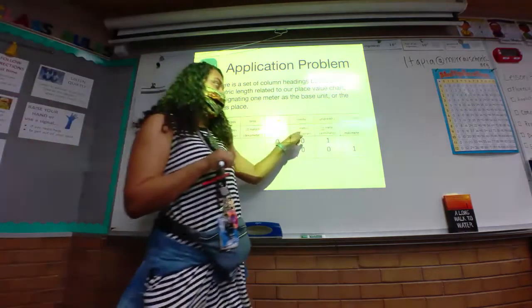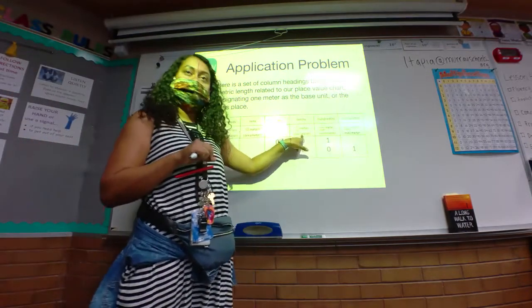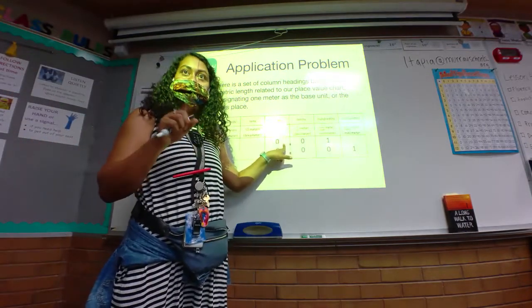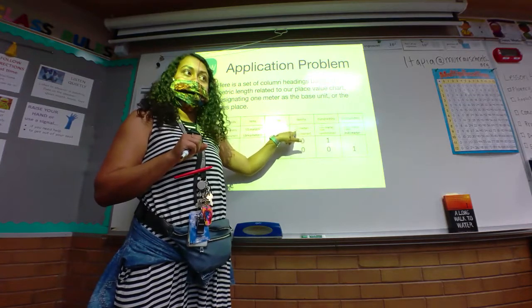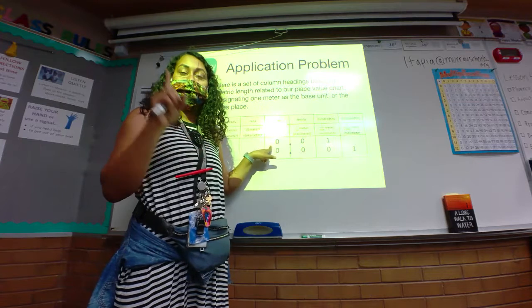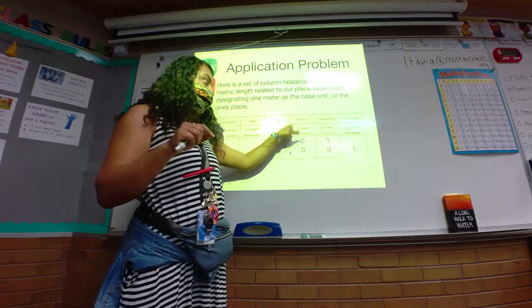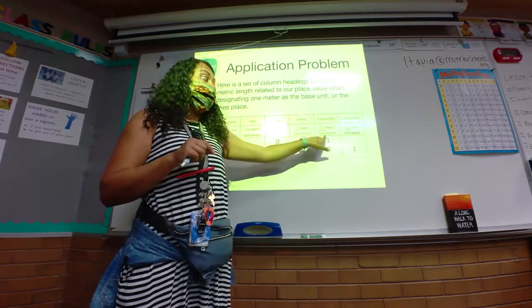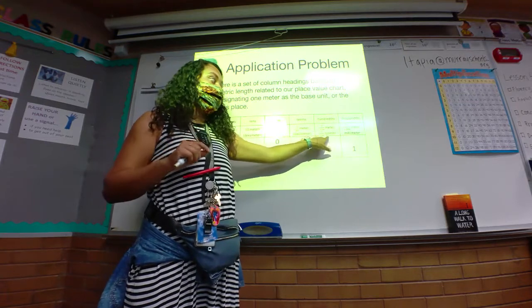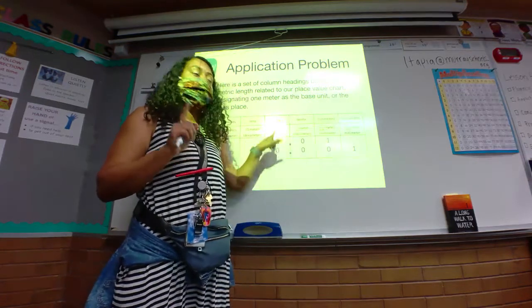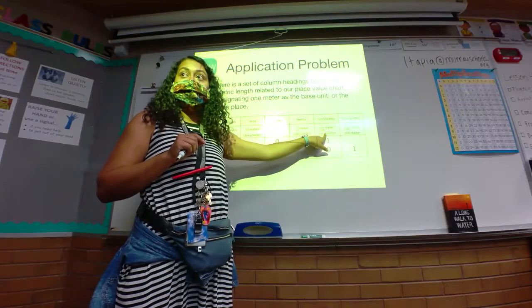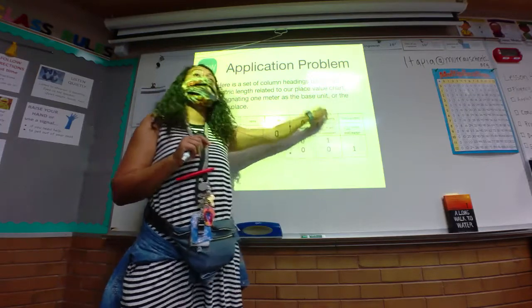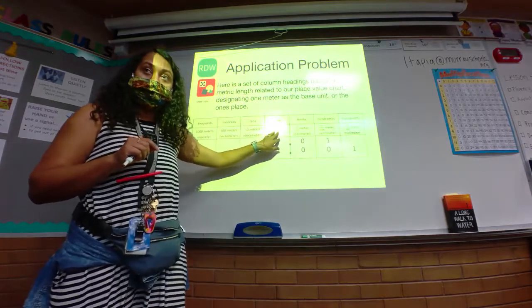Okay, so what did I say? How many decimeters do you need to make 1 meter? Thank you, Bo. You need 10 decimeters. You need 10 tenths to make 1 whole meter. That's how they're related. Okay, so now for centimeter. How many centimeters do you need to make 1 whole meter? You need 100, right? Okay, so that's how centimeters are related to meter.